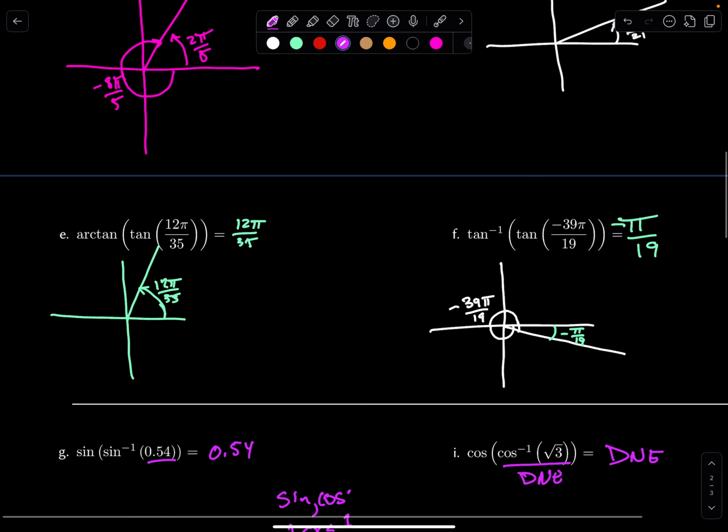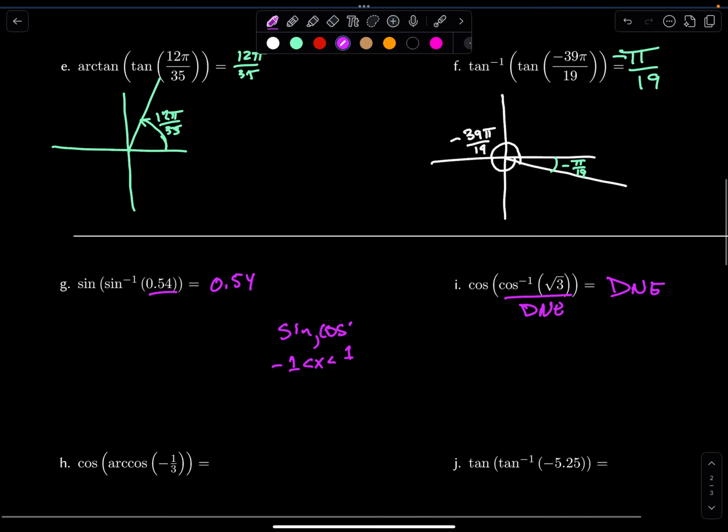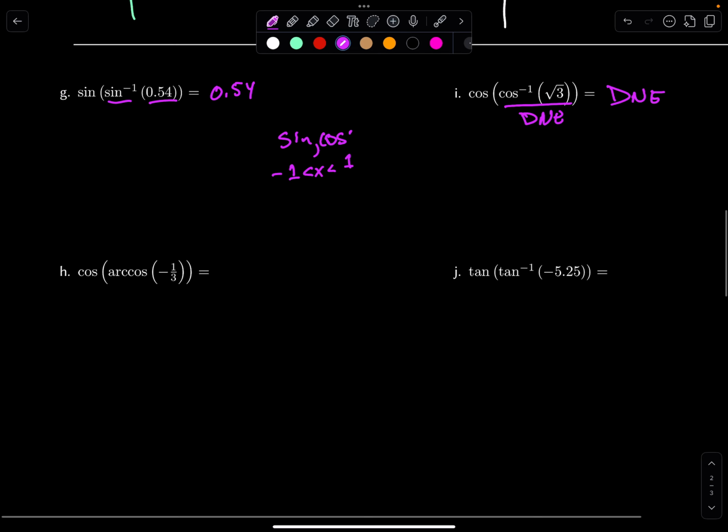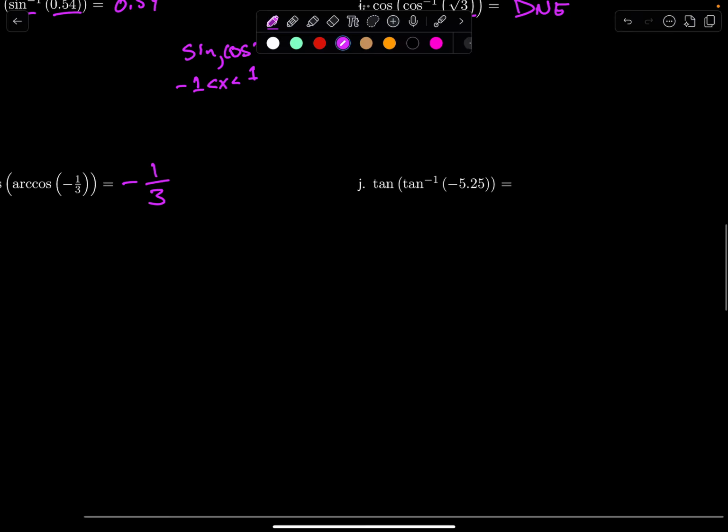So notice the difference here. These were, the inverse sine was on the outside. Here, the inverse sine is on the inside. So as long as you're between -1 and 1, for arc cosine and arc sine, you just copy that number down. Arc tangent doesn't matter what number, big or small as you want. It'll just be like that.